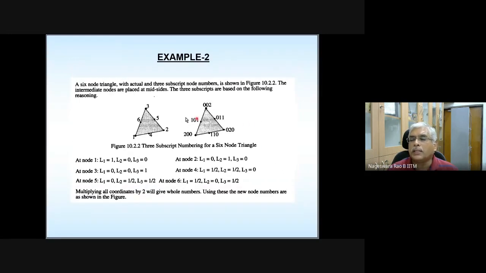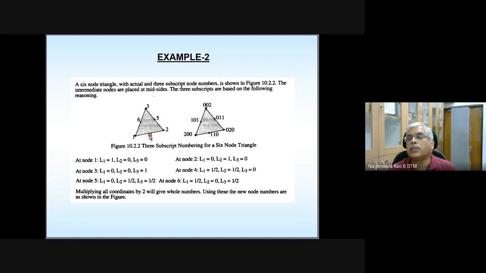After normalization, this is what you get. But before normalization, what is L1, L2, L3 for node 1 for the 6-node triangular element? It's going to be 1, 0, 0. And for node 2, it's going to be 0, 1, 0. For node 3, it's going to be 0, 0, 1, as it is for the 3-node triangular element. The only new thing you need to determine is for these 3 nodes, 4, 5, 6.